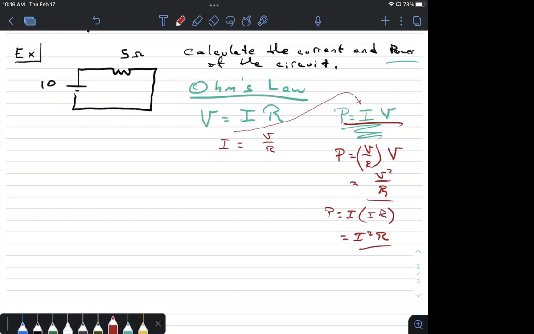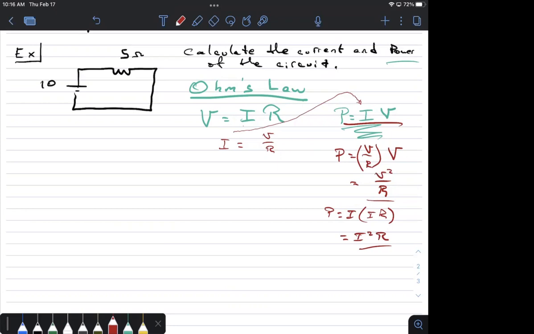And it all depends on what knowledge you have in the problem. Do you have the current and the voltage? Then multiply those two, you have the power. Do you have the current and the resistance? Then it's I squared times R, and so on. Okay, so I write it like this just so you know, if you look up in textbooks or other places, you may see people use a different equation.